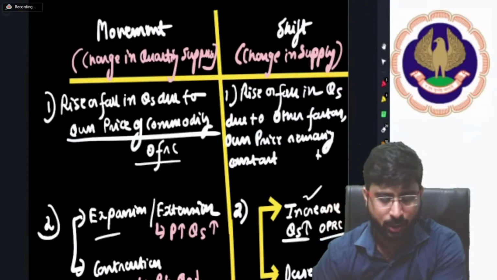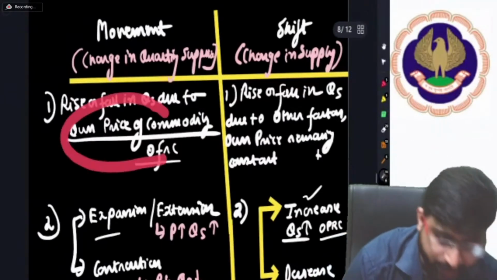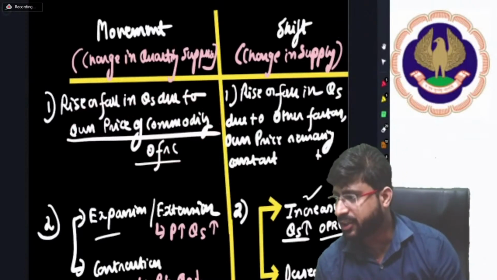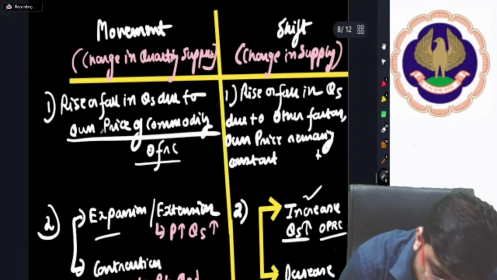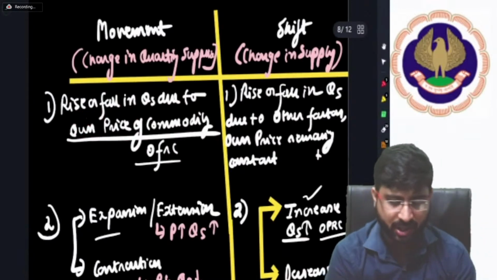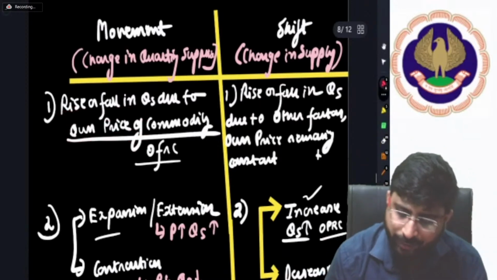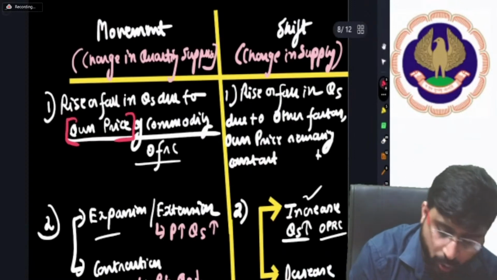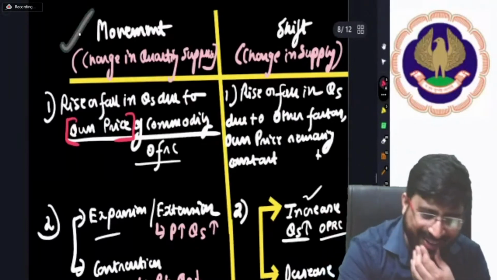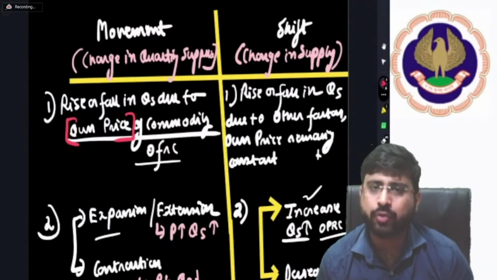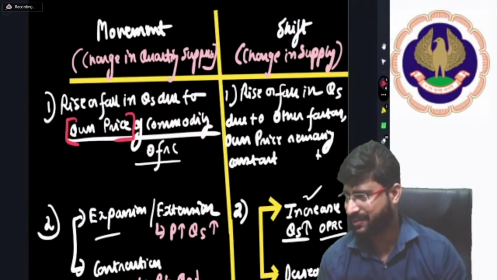Let's go about it. When there is a rise or fall in supply due to the own price of the commodity, remember, my dear friends, that is movement.